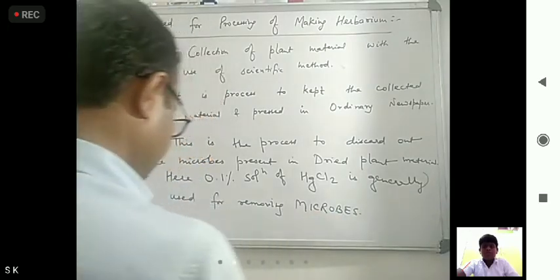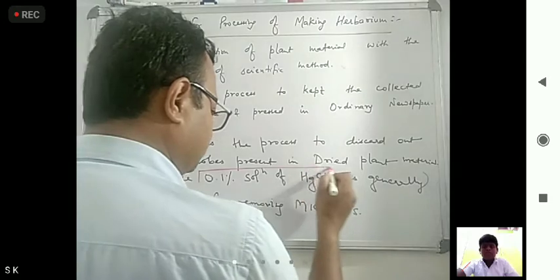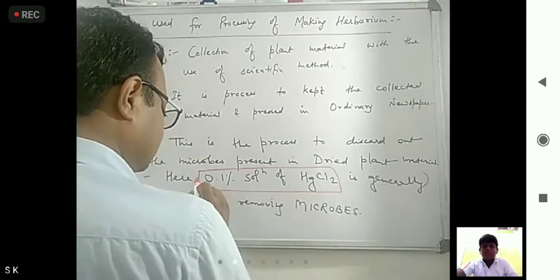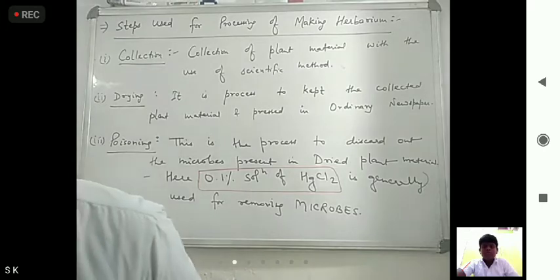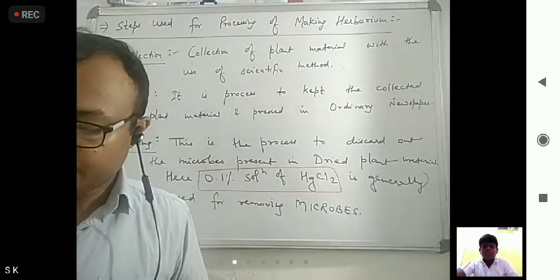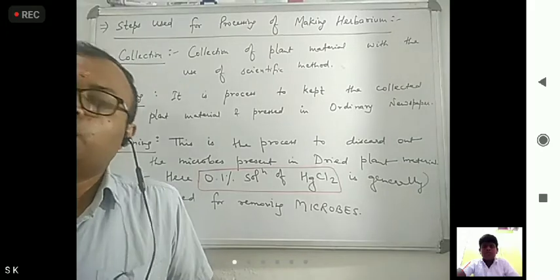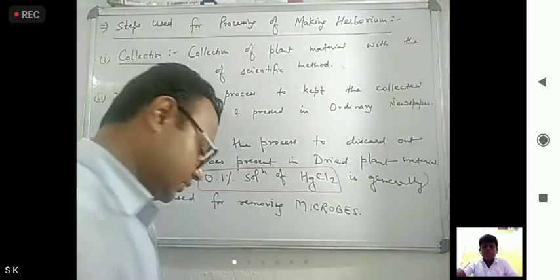Okay, and this you have to remember, what is used for poisoning. So this is 0.1% solution of HgCl2. Okay, now next step is mounting, stitching and labeling. So come to that.